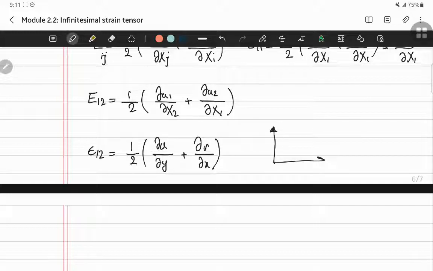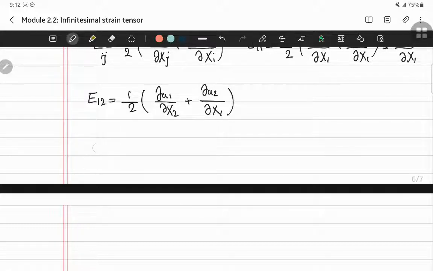If you remember, we had this x and y in mechanics of materials, and we said that if you have a displacement in x direction, it is u, for example, and if you have a displacement in y direction, it is called v. So we take the derivative, and they are both functions of x and y. This is the same as here. So it originates from here. It is the infinitesimal strain tensor from basically the Lagrange strain tensor, which is also called the Cauchy strain tensor.